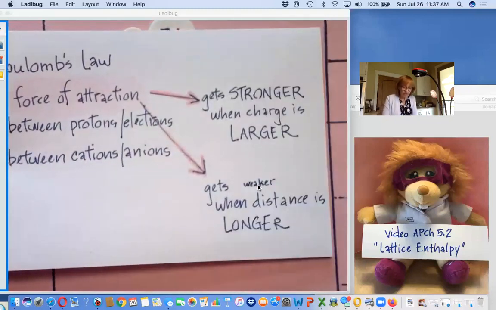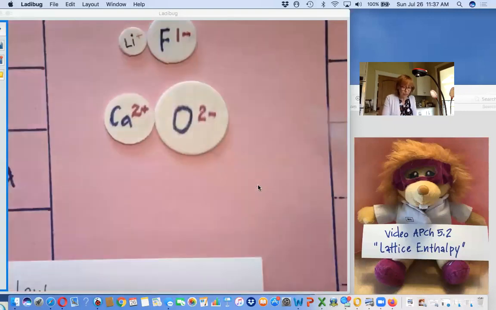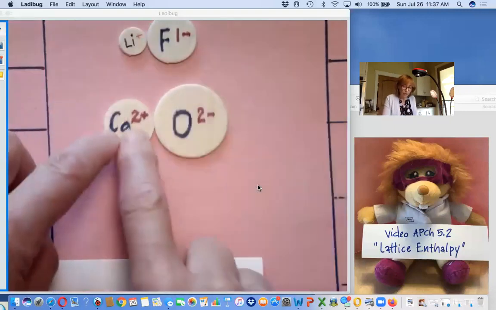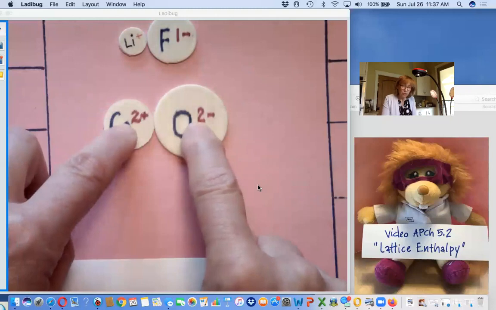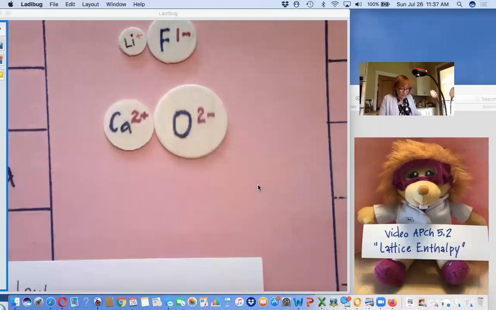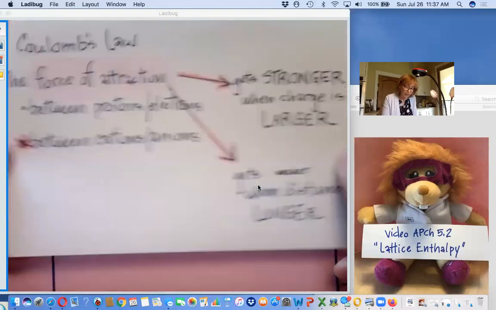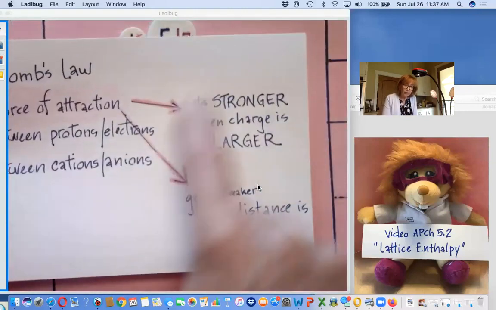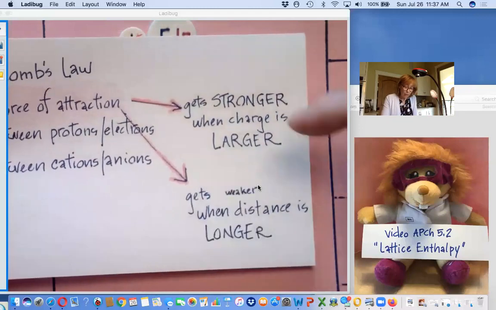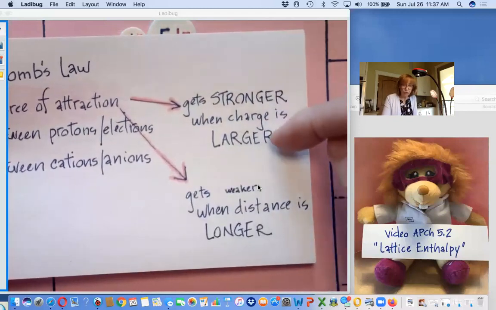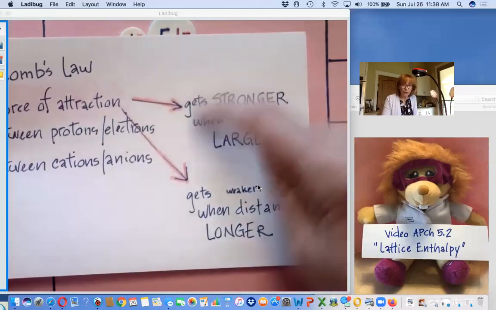Now, you might also notice, well, but that's true, but it also has a little bit longer internuclear distance. Well, I'm going to tell you, as you use Coulomb's law to predict lattice enthalpies, charge is going to be more significant. If you have one compound with larger charges, that's going to win.